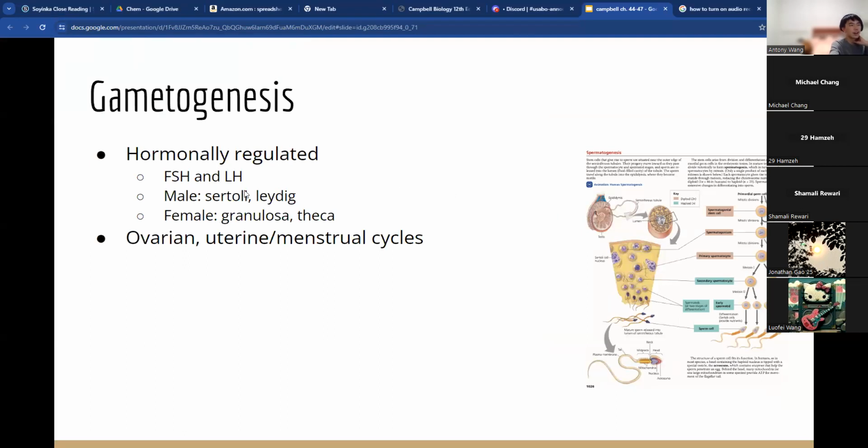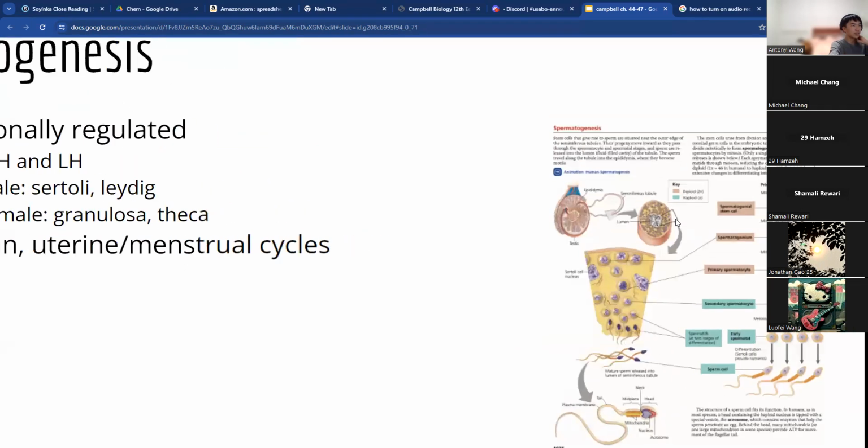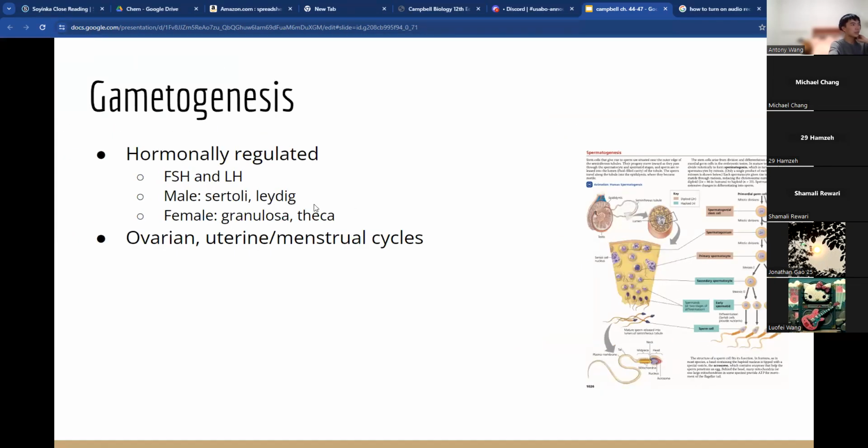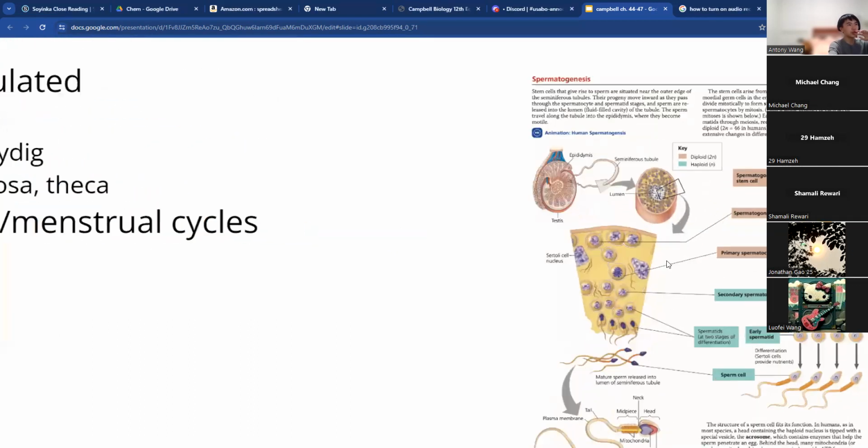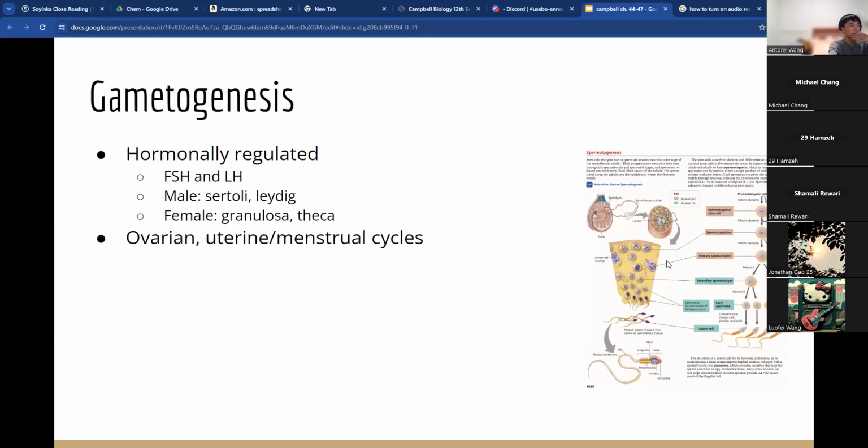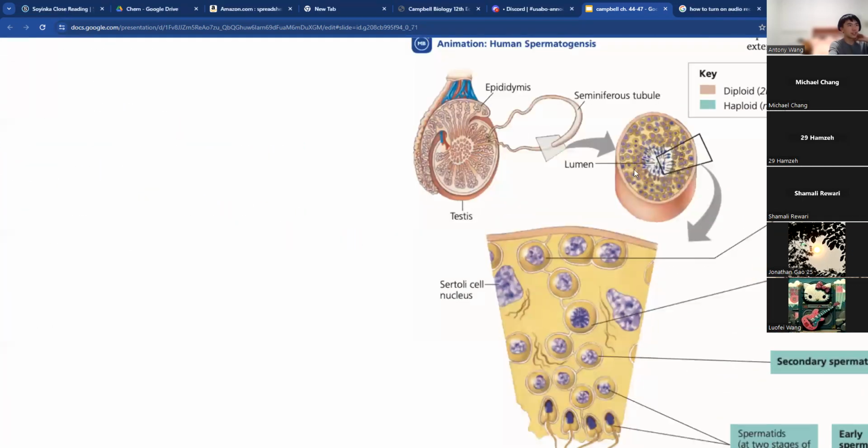Gametogenesis. So how do these gametes actually arrive, right? Let's look at guys first. Sperm begin their development in the testes, in the epididymis. You can see here the inside of a seminiferous tubule.